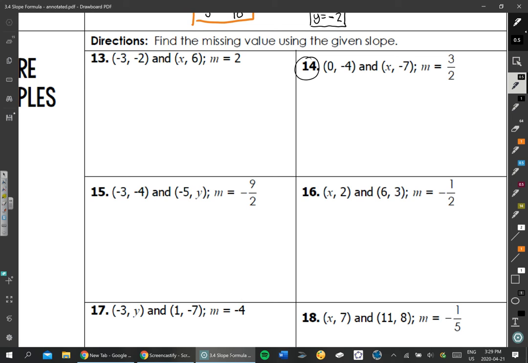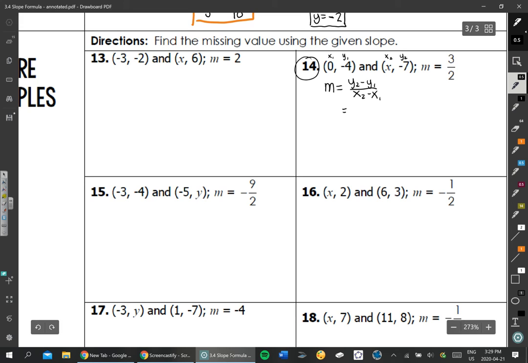So again, start with the general formula. m is equal to y2 minus y1 over x2 minus x1. And let's label our points. We're going to call this x1, that y1, we'll call this x2, that one y2.